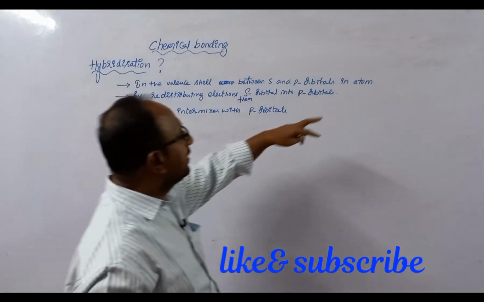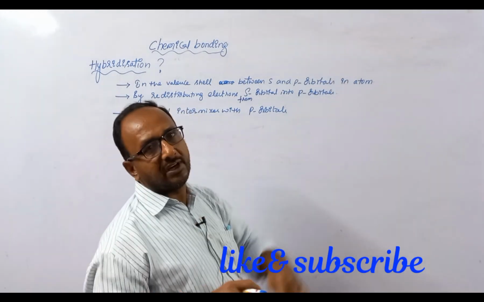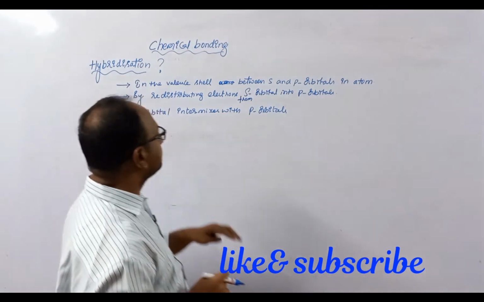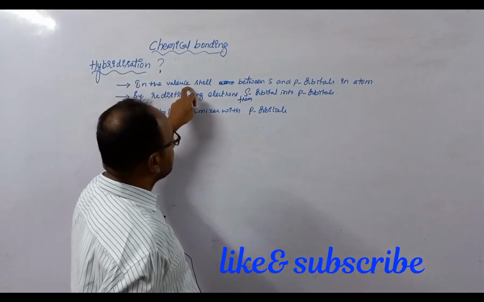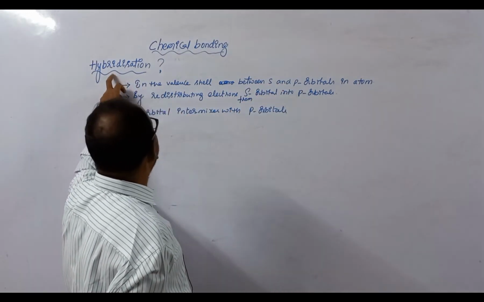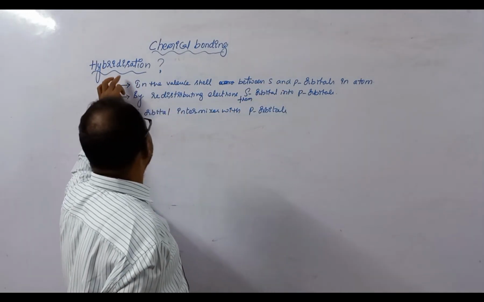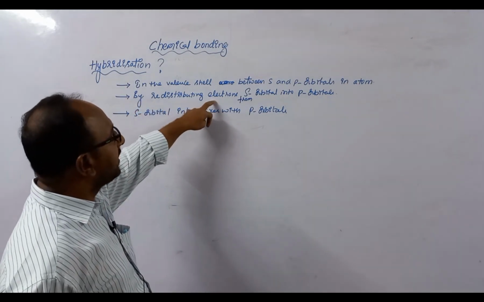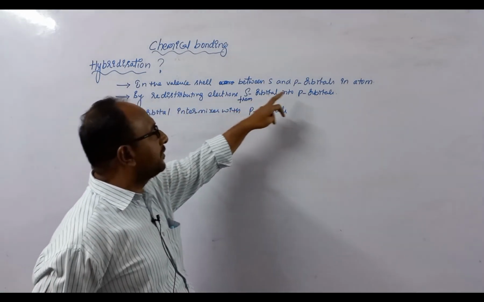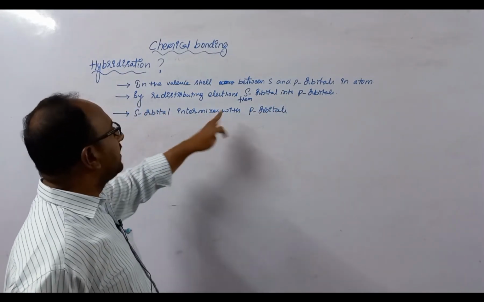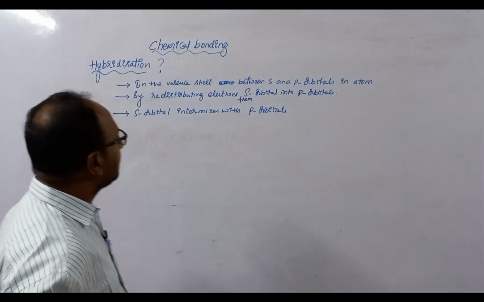So when an atom participates in a chemical reaction with other atoms, in the valence shell between s and p orbitals, hybridization takes place. Electrons will be redistributed from s orbital into p orbitals. Then s orbital intermixes with p orbitals.